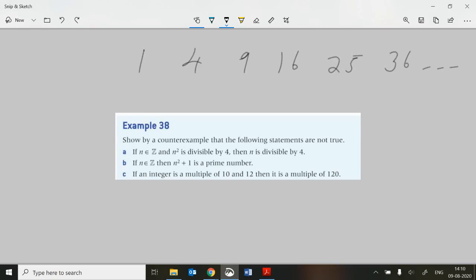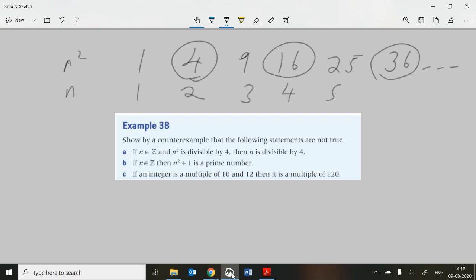Okay, and then it says if n belongs to our integers and n squared is divisible by 4, and we can see that n squared is divisible by 4 in these cases, then n is divisible by 4. Well, what's n? That's n squared. N is 1, 2, 3, 4, 5, and 6.